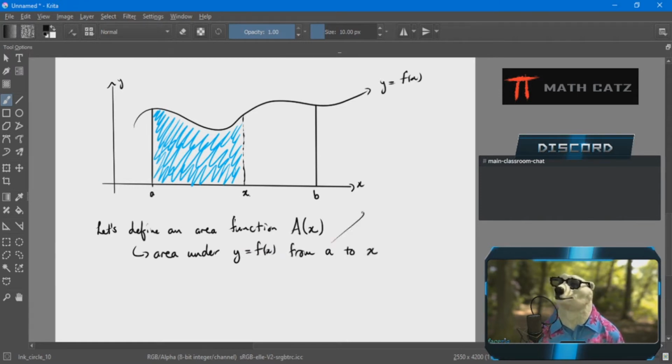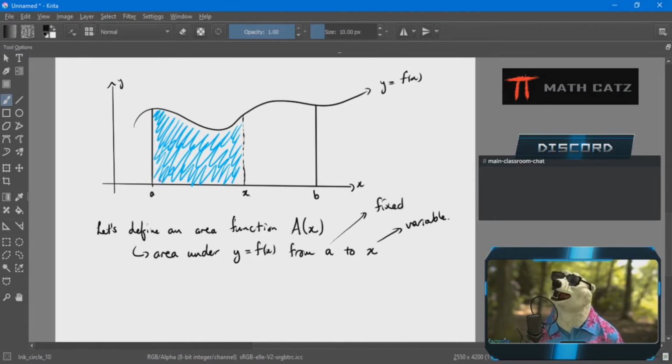Now A is always fixed. A is fixed. The X is the variable. If you want to pick a small value of X, just bigger than A, I'm going to get a really thin area, really thin slice here.